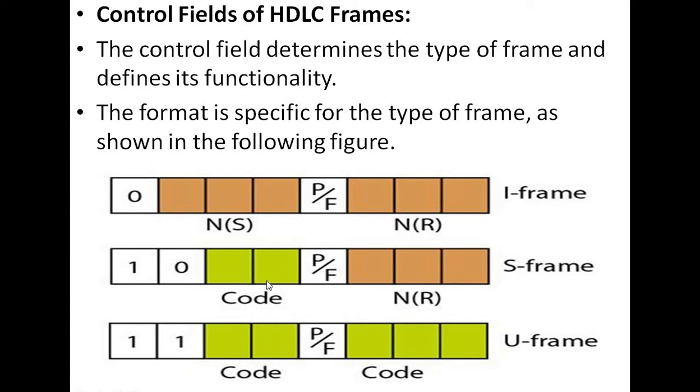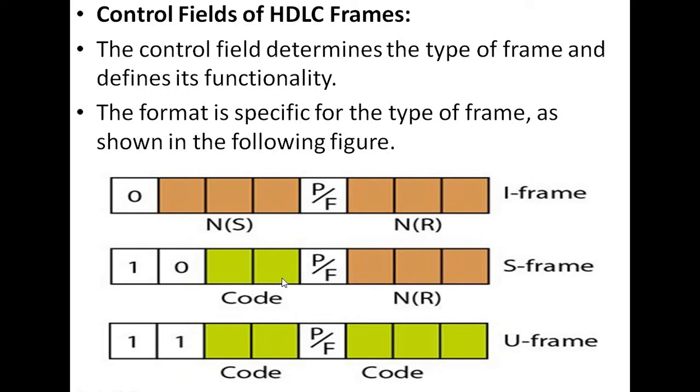And if the code subfield is 0 and 1, then it is called as reject, that means REJ frame. And if the code subfield is 1 and 1, then it is called as selective reject S frame.